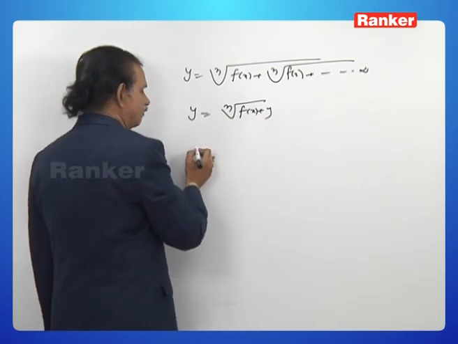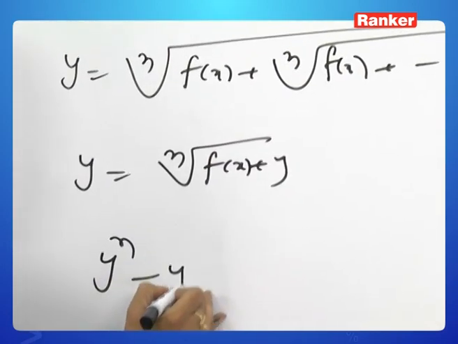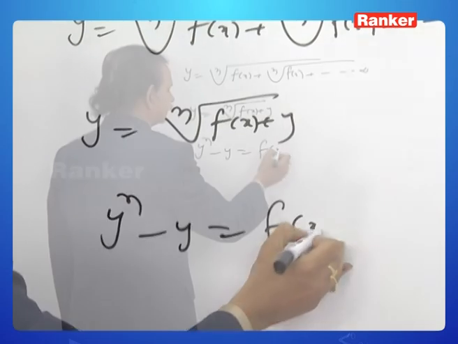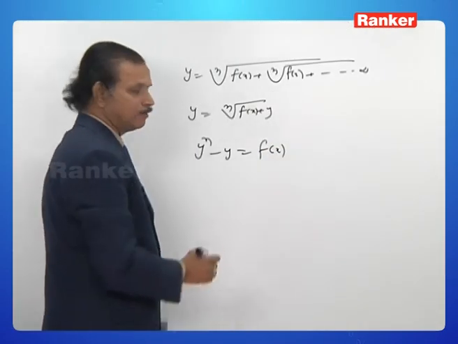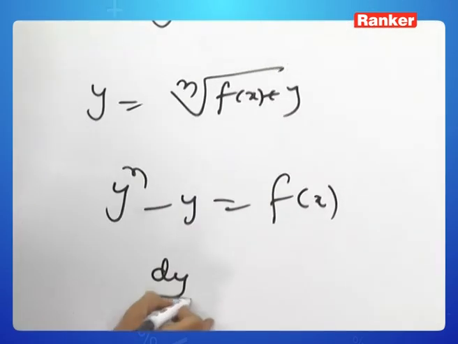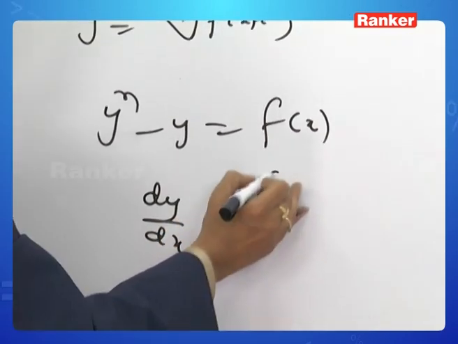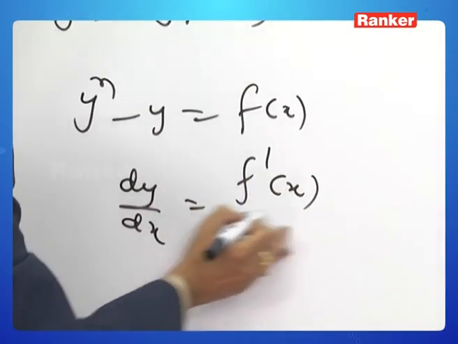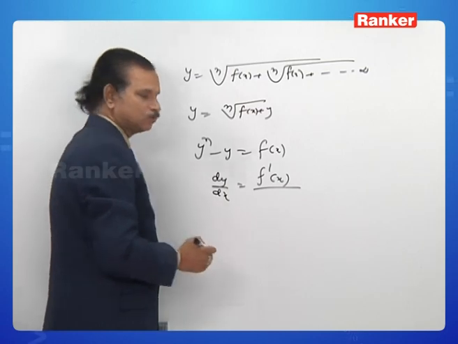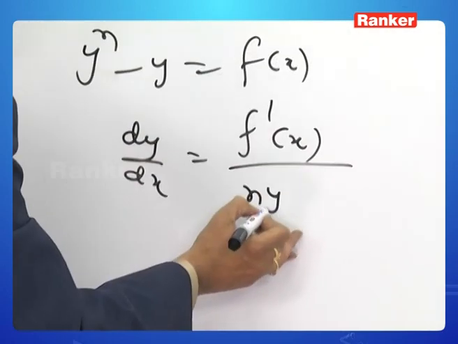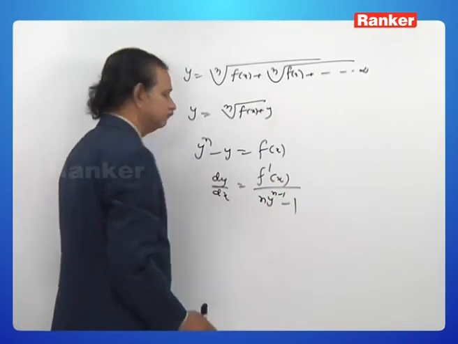Take whole power n on both sides. Y power n minus y is equal to f of x. Differentiate on both sides. We have dy by dx equal to f dash x by the derivative of y power n minus y, which is n into y power n minus 1, minus 1.